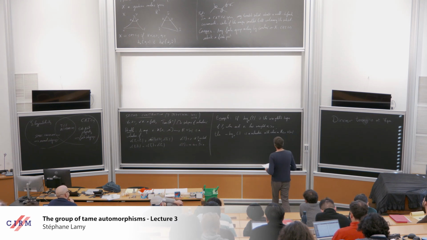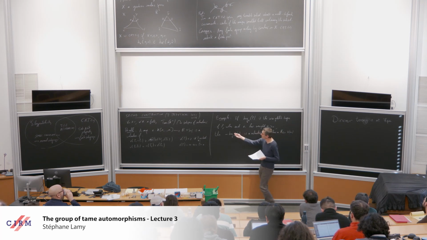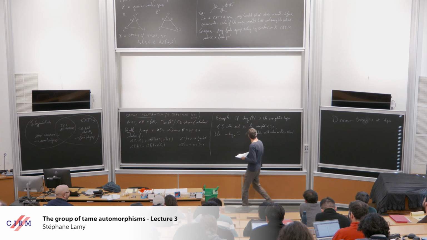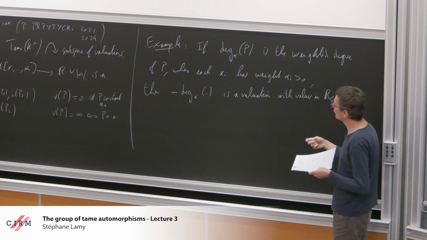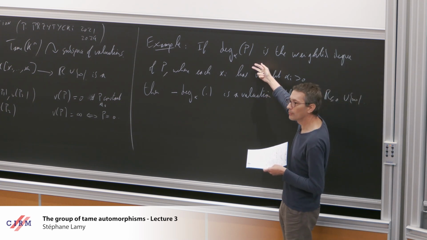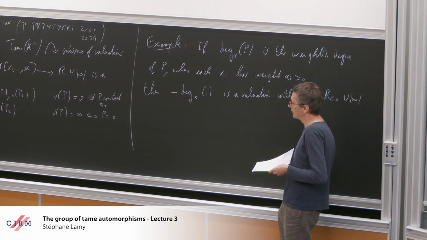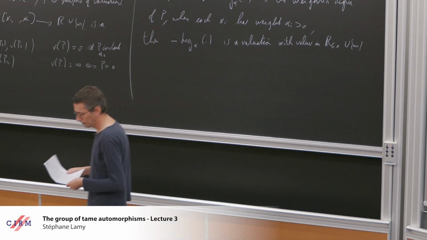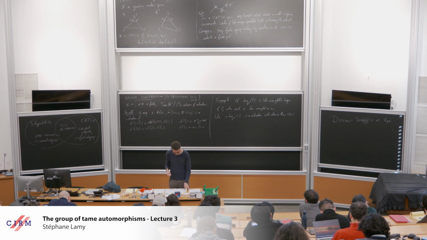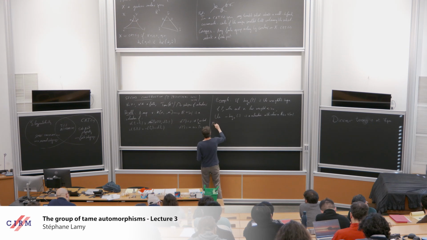So in fact, the subspace of valuations I'm going to consider is going to have this property. They take values in the negative real numbers, and they're going to be more or less of this form, but slightly more general. So let me define all the valuations I want to consider, expanding on this example more generally.